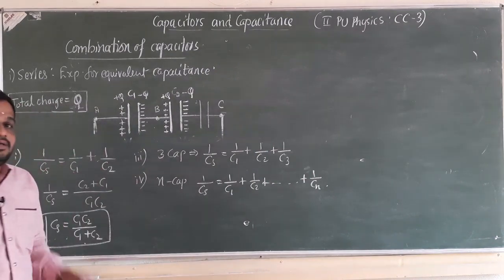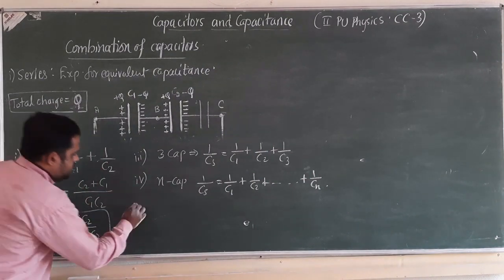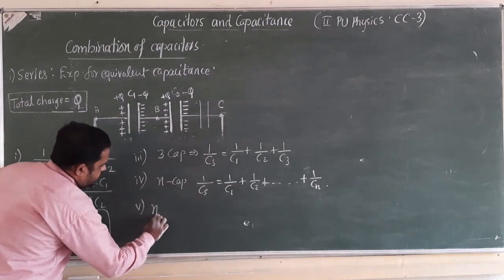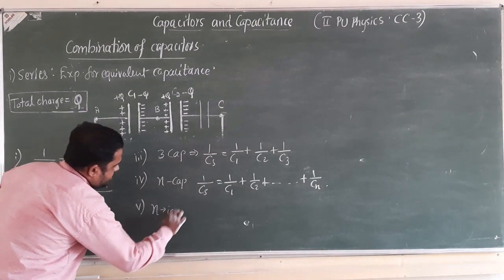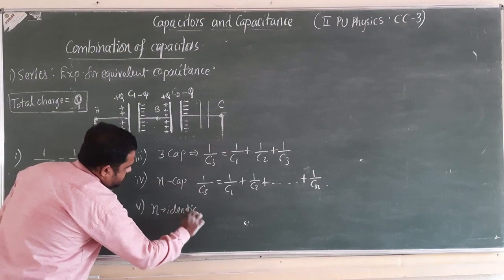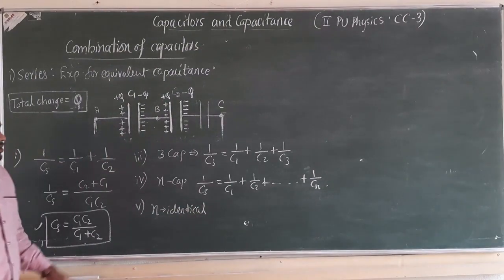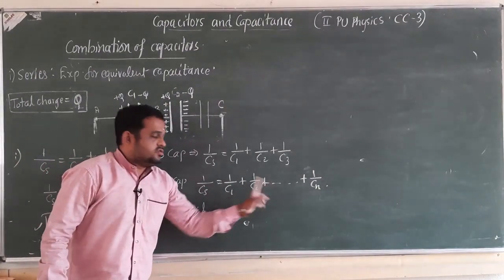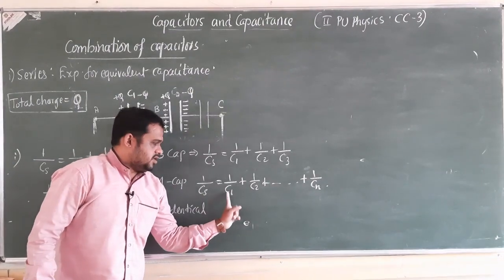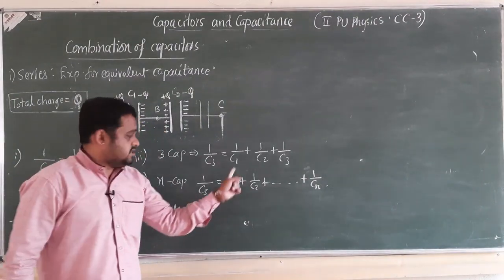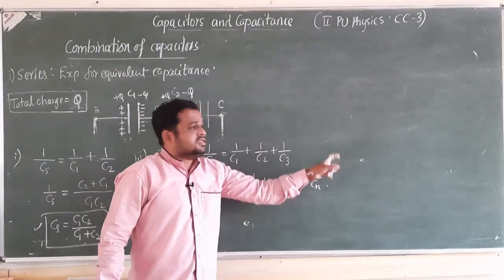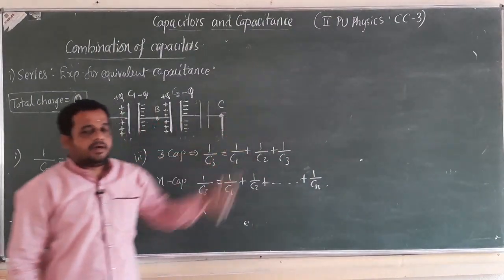Next, if capacitors are identical, fifth one, if n identical capacitors. Here we used different capacitors: first of capacitance C1, second of capacitance C2, C3, etc., Cn, n different capacitors.